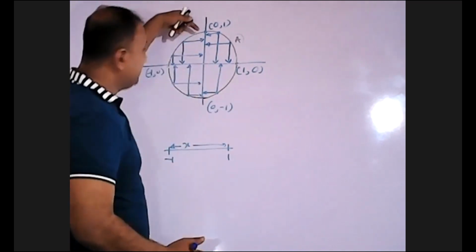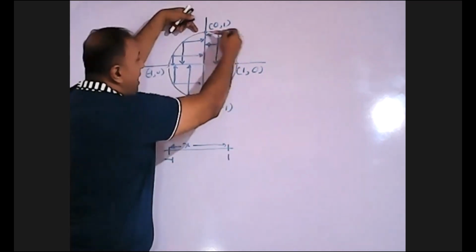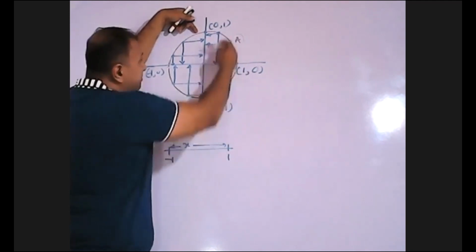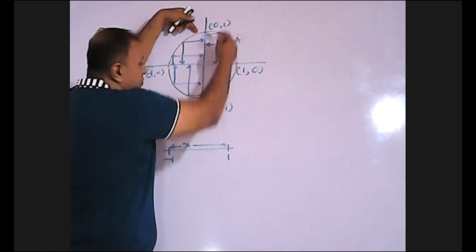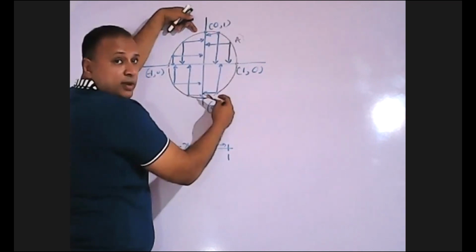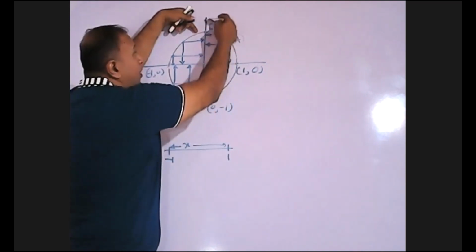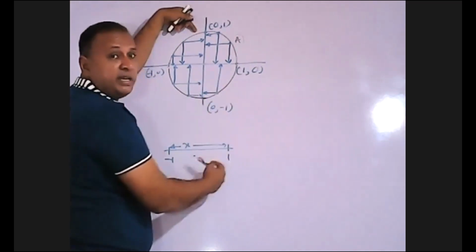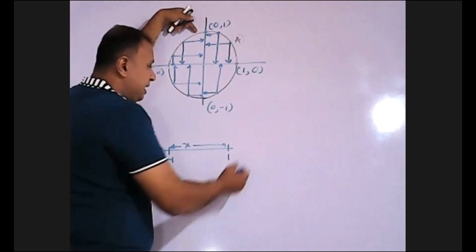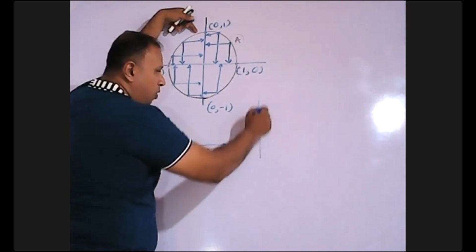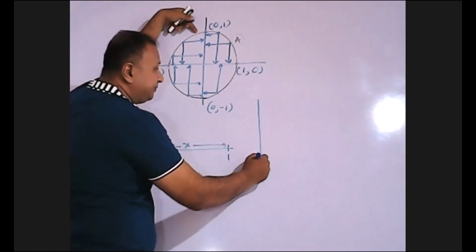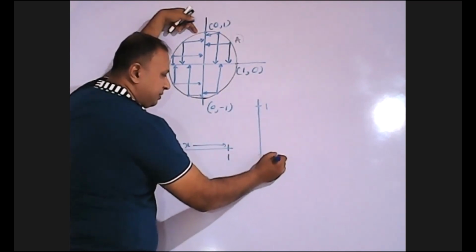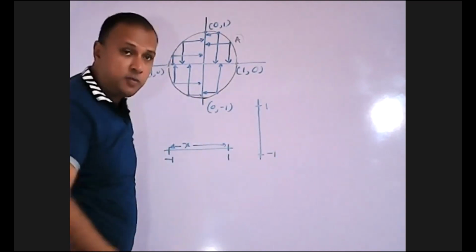Similarly, you can see the y value. The y value is varying from 1 to minus 1. It cannot go beyond plus 1 or beyond minus 1.